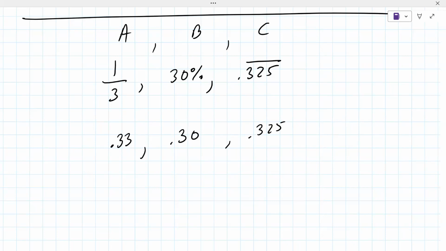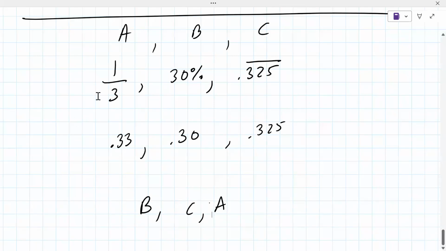So from least to greatest is 30%, then, okay, so BCA. Good. Very good.